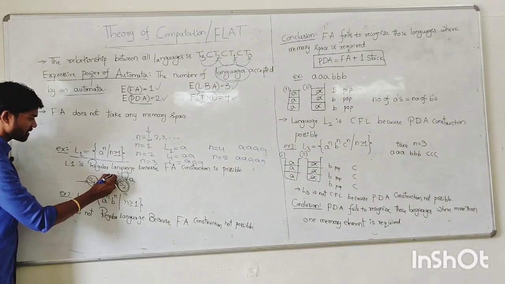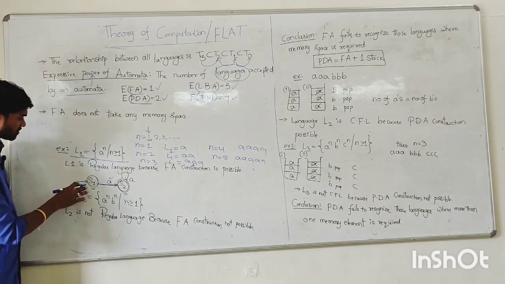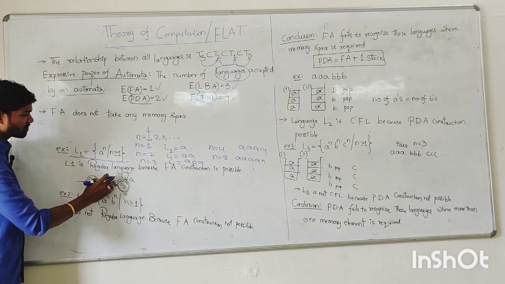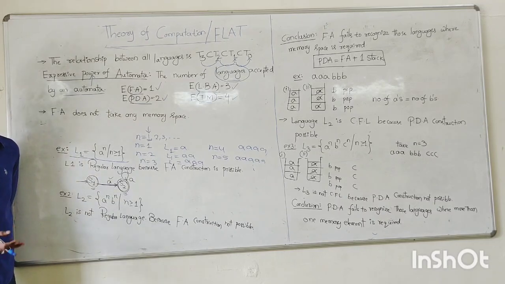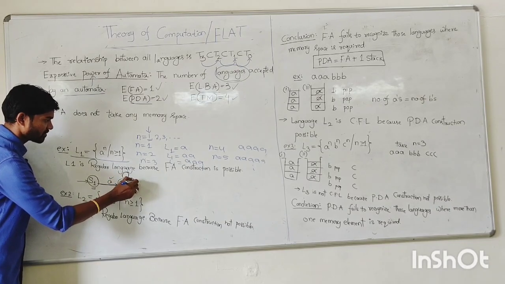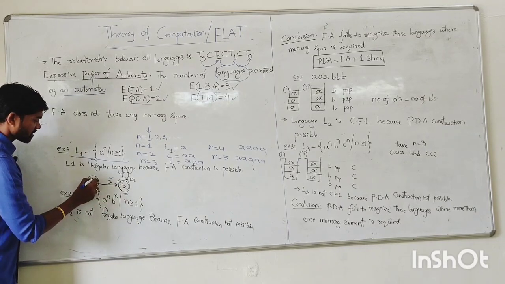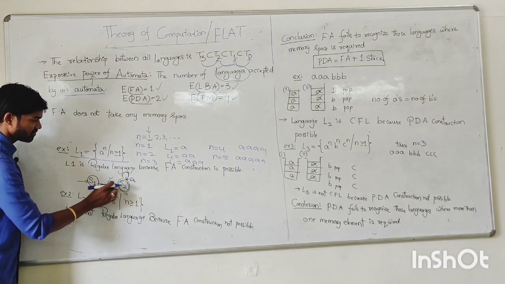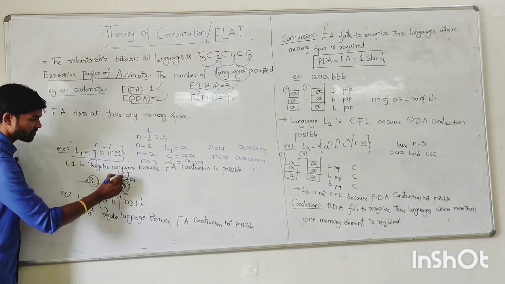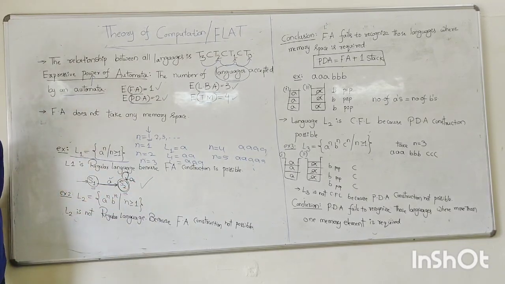After 1 a, there may be 2 a's, 3 a's, 4 a's, infinite number of a's. So infinitely means there may be a loop like this for infinite number of a's. So starting state S1, final state S2, single a is accepted. After that, any number of a's will come. So here we are constructing finite automata, so finite automata construction is possible.